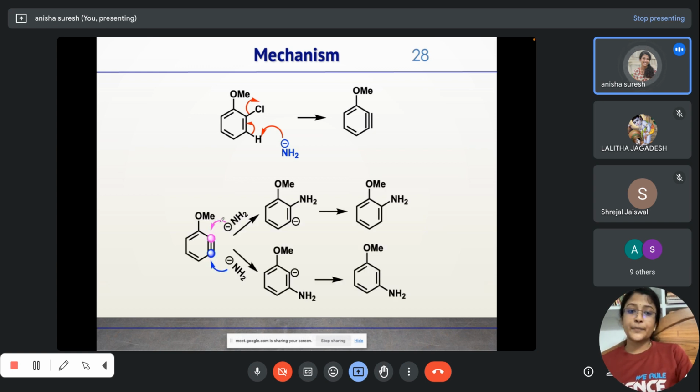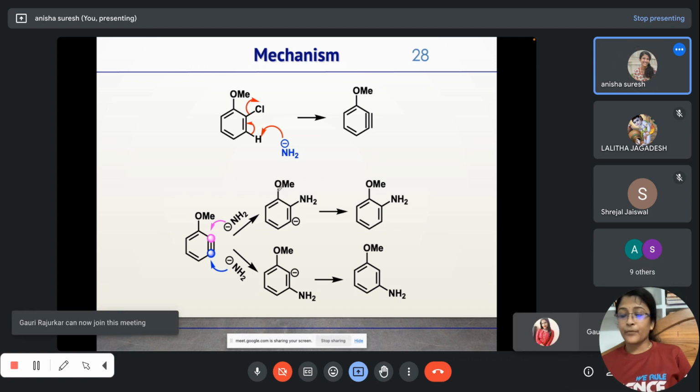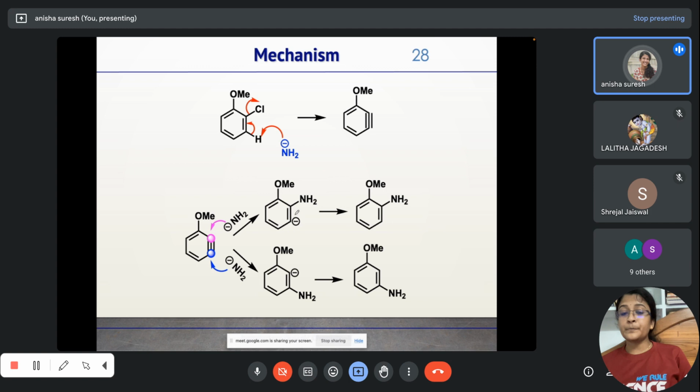When it is attacking from the ortho position, here the negative charge is forming here. So this negative charge is far away from this OMe, such that this negative charge can be neutralized by the electron withdrawing effect of this OMe. Since oxygen is an electronegative group, by inductive effect, this negative charge can be neutralized by OMe. So since this is far from OMe, this will not be possible.